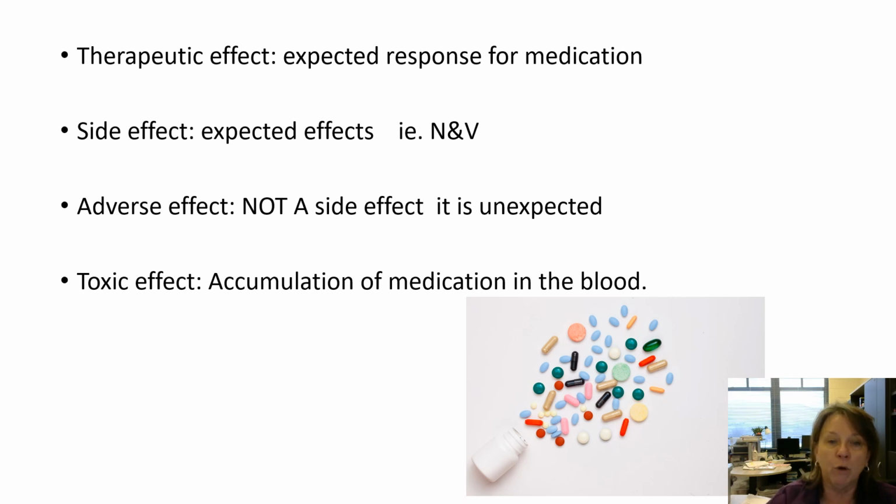So if I give morphine, let's say, to an elderly patient and they're still having pain, and I go ahead and give them more morphine, what's going to happen is they're going to get so much morphine, they're going to get relief, but there's so much and they're not going to excrete it like they should, and so they can become toxic. They can have issues with respiratory status and stuff like that. So the toxic effect is as simple as that, accumulation of medication in the blood.